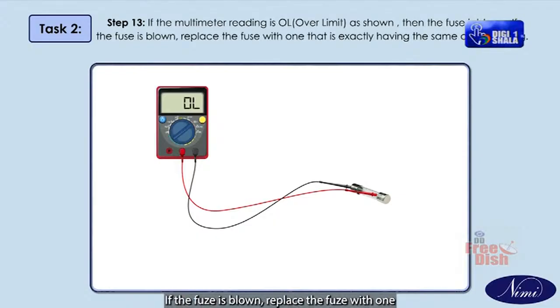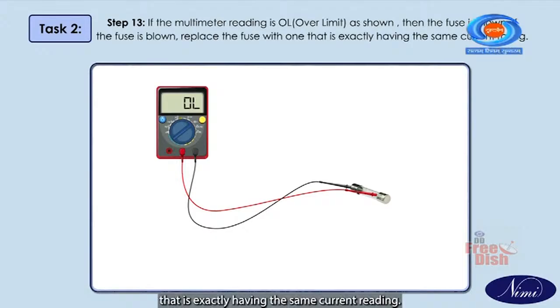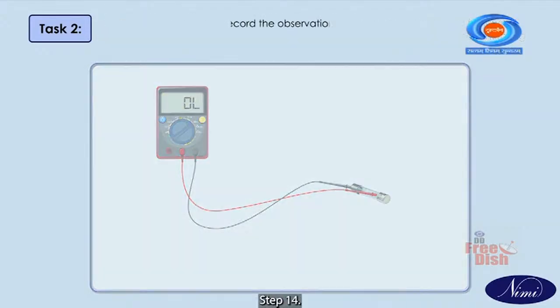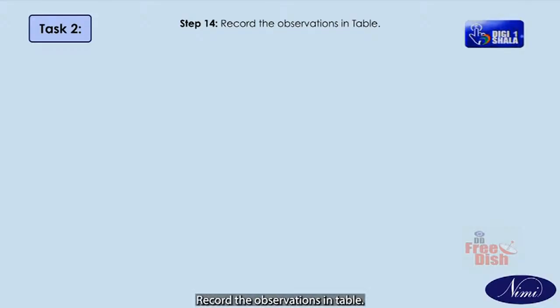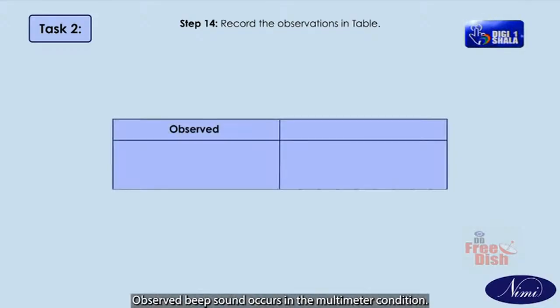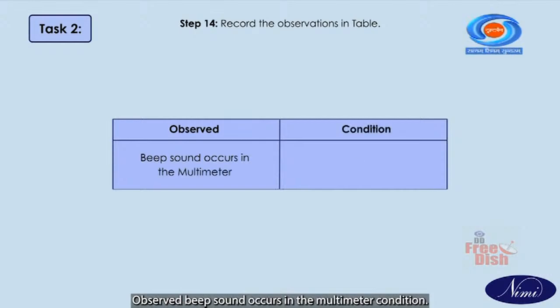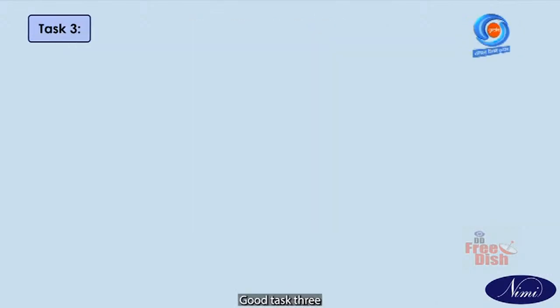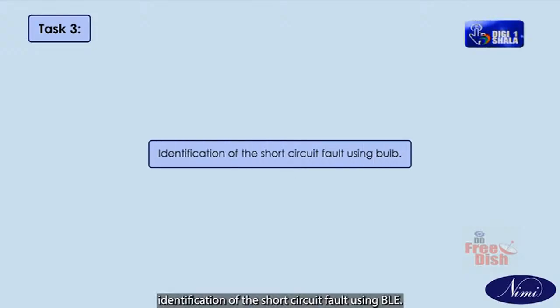If the fuse is blown, replace it with one having exactly the same current rating. Step 14. Record the observations in the table. Observed: beep sound occurs in the multimeter. Condition: good.